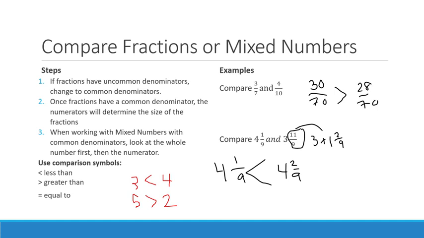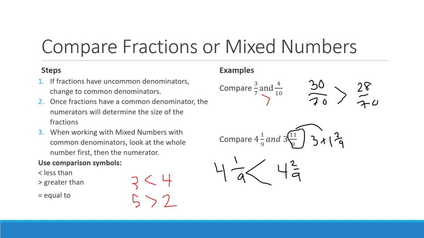If I find the least common denominator, which is 70, I can create equivalent fractions. 3/7 becomes 30/70, and 4/10 becomes 28/70. Notice that the numerator is larger on the left side. Therefore, 3/7 is greater than 4/10.